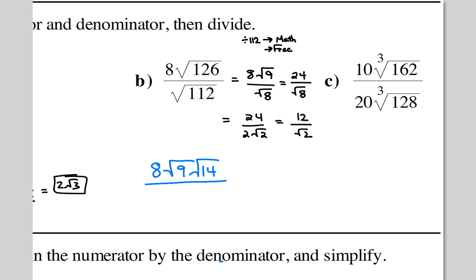Does 4 work? 112. Does 4 work? Yeah. 112 divided by 4 is 28. Is there a square inside 28? Yeah. So I bet there's a better one. 112 divides 16. All right, so I got root 16, root 7.